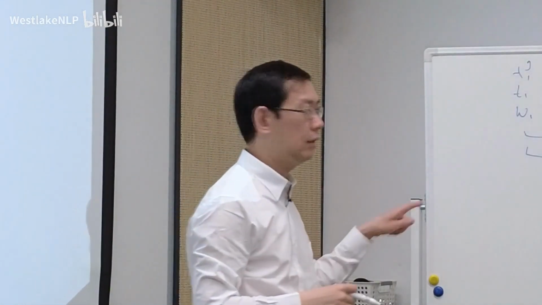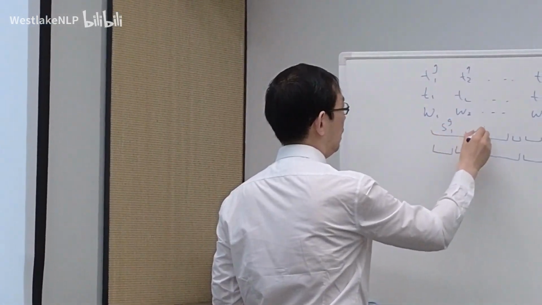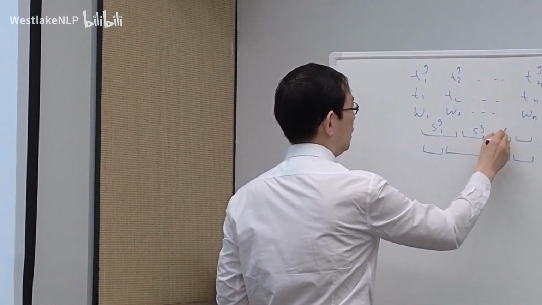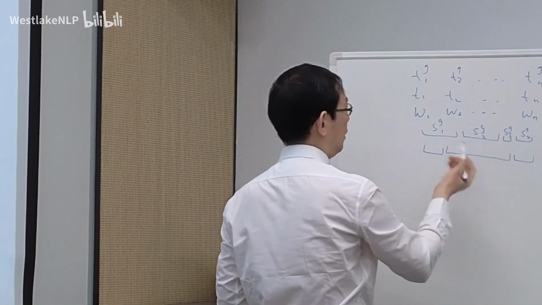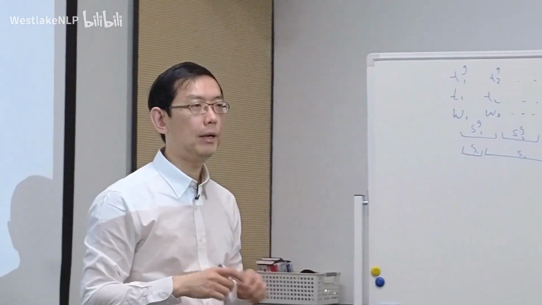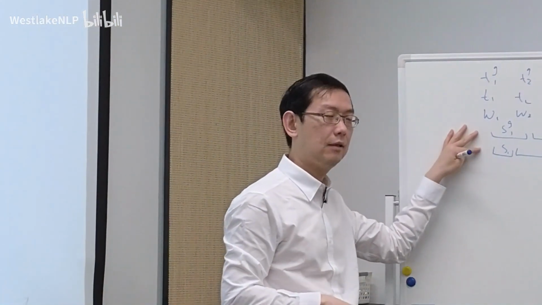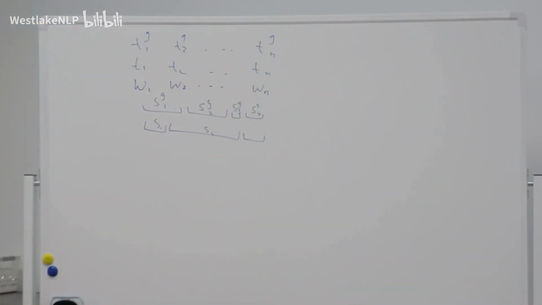This is the output, and this is the goal: segment gold 1, segment gold 2, segment gold 3, segment gold 4. But this is S1, S2, etc. So how do we compare these when their numbers are different?